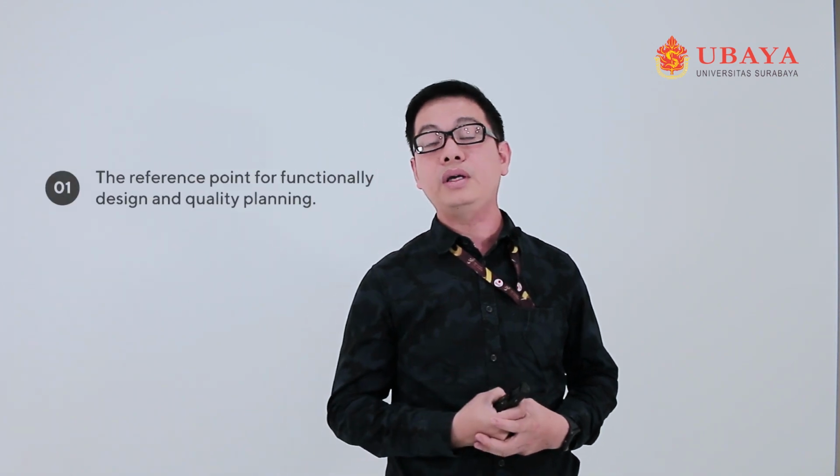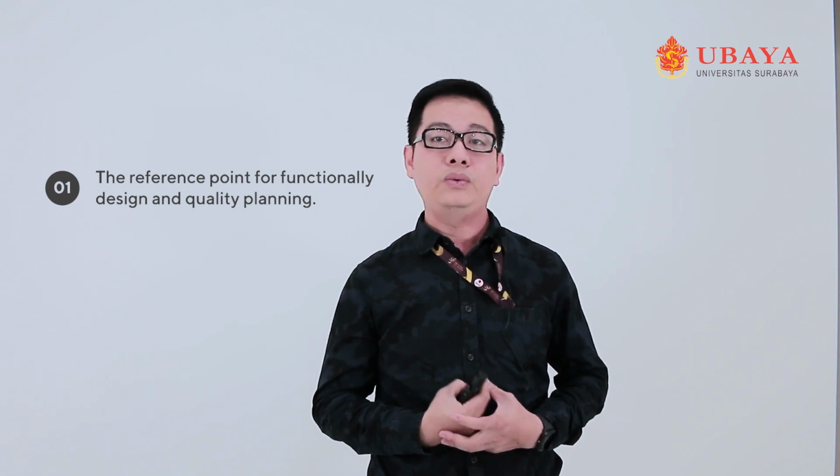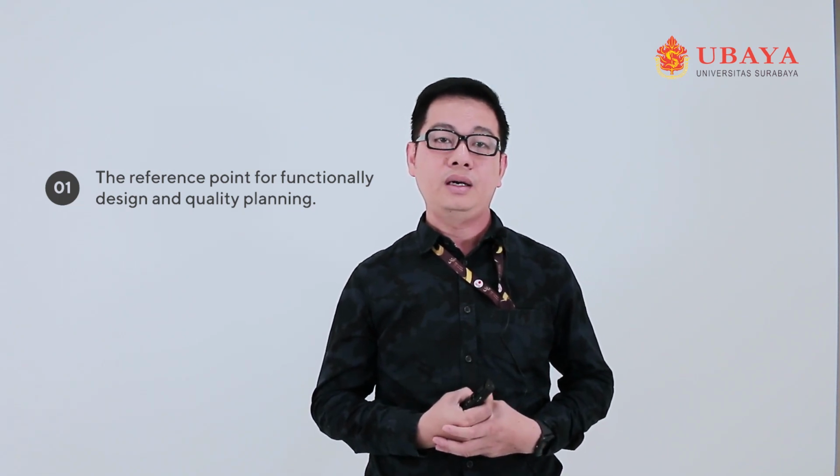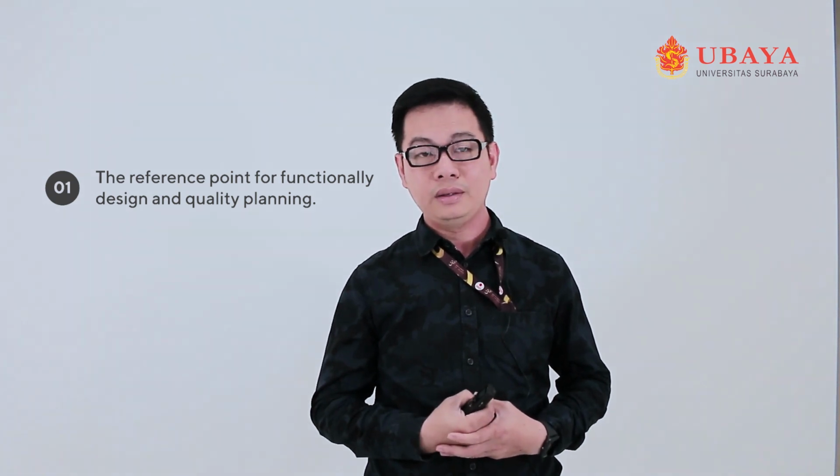Okay, guys, the nature of specifications. Talk about specification again. This is a reference point for functionality of the design and the quality planning. So we have to make sure that the product has good functionality and quality as well.